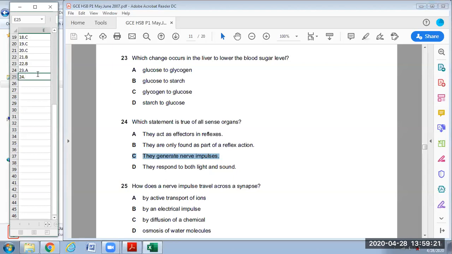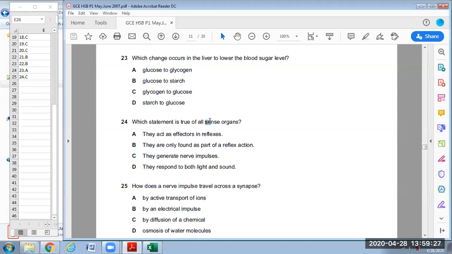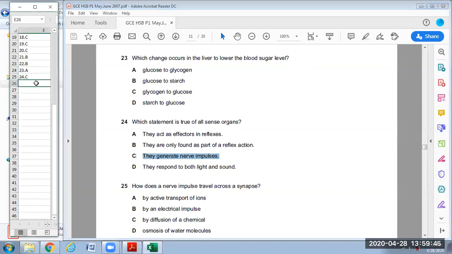Remember, they are sensing changes in the environment. So they are what you call receptors, which receive stimulus. And when they receive a stimulus, they automatically generate a nervous impulse to send that message throughout the body to get an appropriate response.